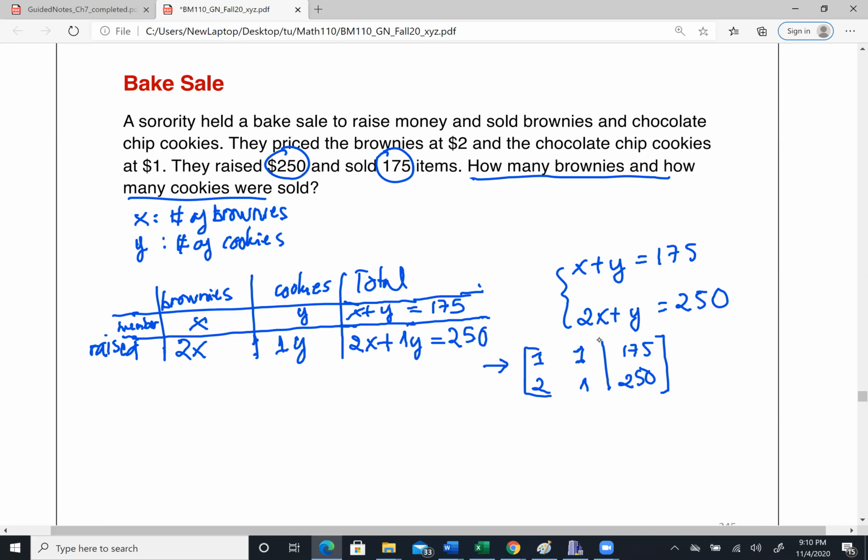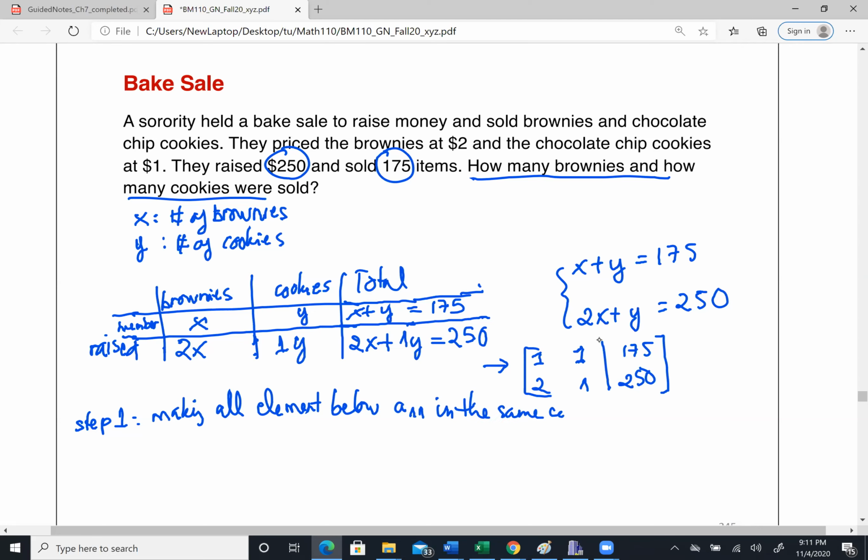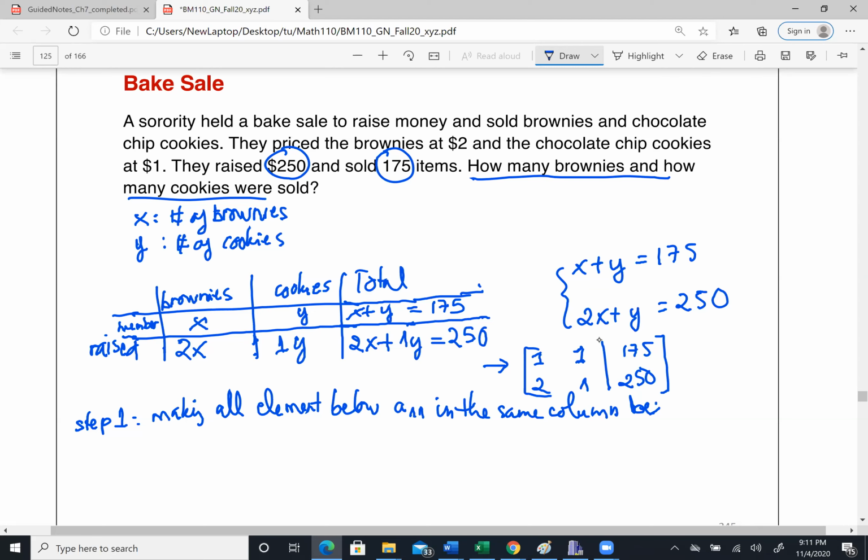Then you can right away say step one is done, because the first column already has a leading one, so we move to the step of making all elements below A11 in the same column become 0.